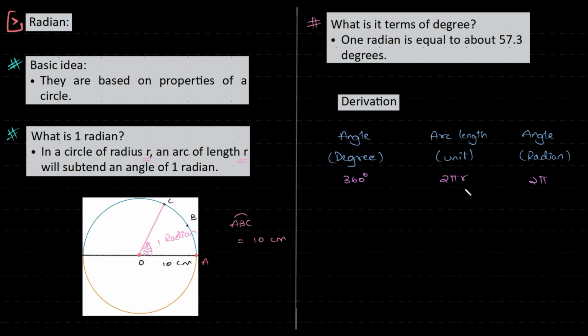So what does it exactly tell? What is 2 pi first of all? It's 3.14 into 2, that is 6.28 radius. What does it mean? It's quite simple.